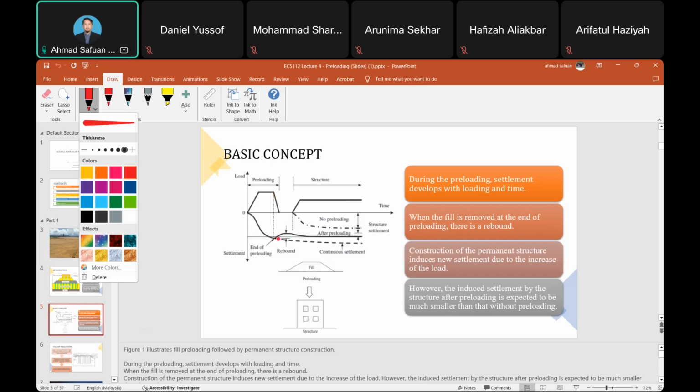Let's say if we continue the preloading process, there will be continuous settlement. So at this stage, with the aim to achieve 80% of consolidation, if you leave the preloading on the soil and continue until it reaches at least 90% of consolidation, once we remove the preloading, it starts to rebound.